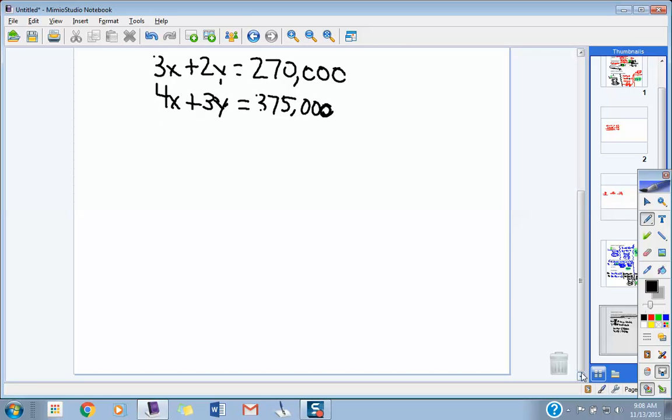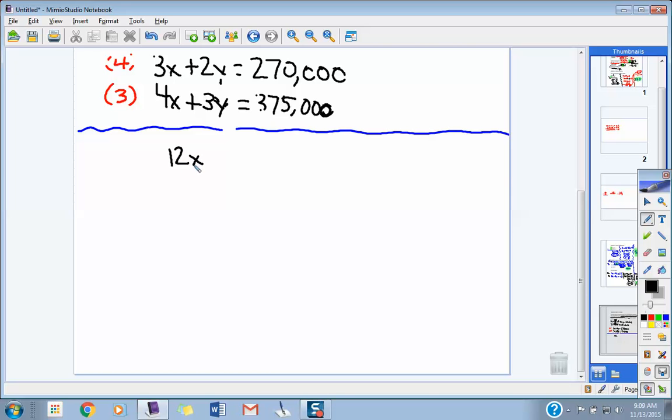Yeah. Okay. Can we proceed or do we have to crisscross? So what are you crossing up to the top here? 4. What are you crossing down to the bottom? 3. Okay, so I'll help you rewrite this when I crisscross this stuff. All right, 4 times 3x would be 12x. 4 times 2y would be plus 8y.